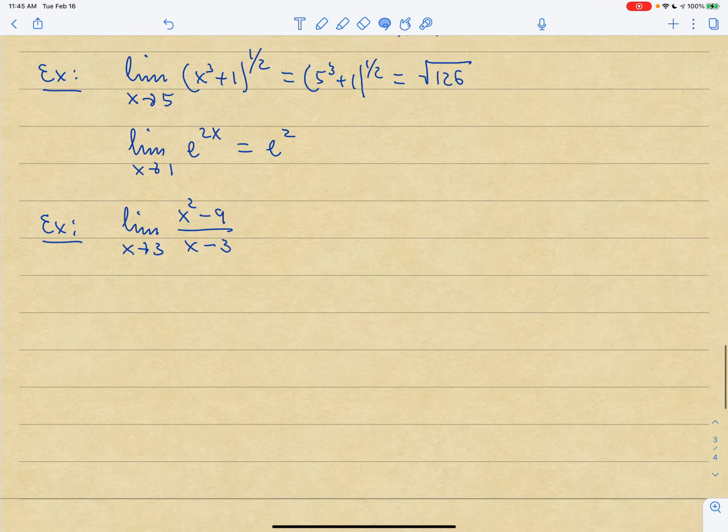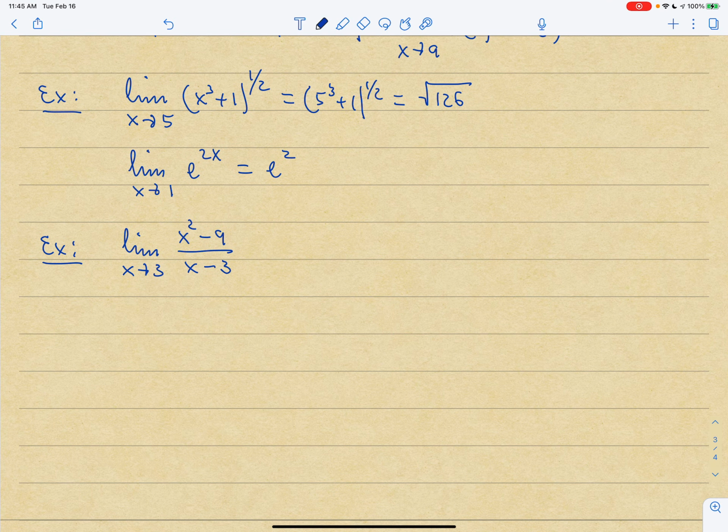So what would you do for an example like this? Well, again, you might remember that this is an indeterminate form 0 over 0. So what you need to do is take advantage of the fact that you're actually not working with x equal to 3, but you're working with x's that are close to 3. So you can simplify or factor out the top.